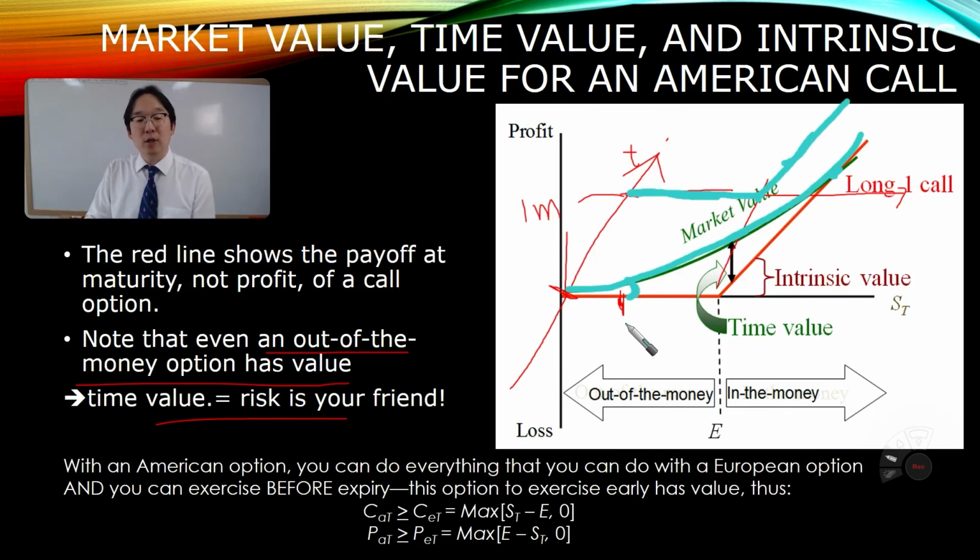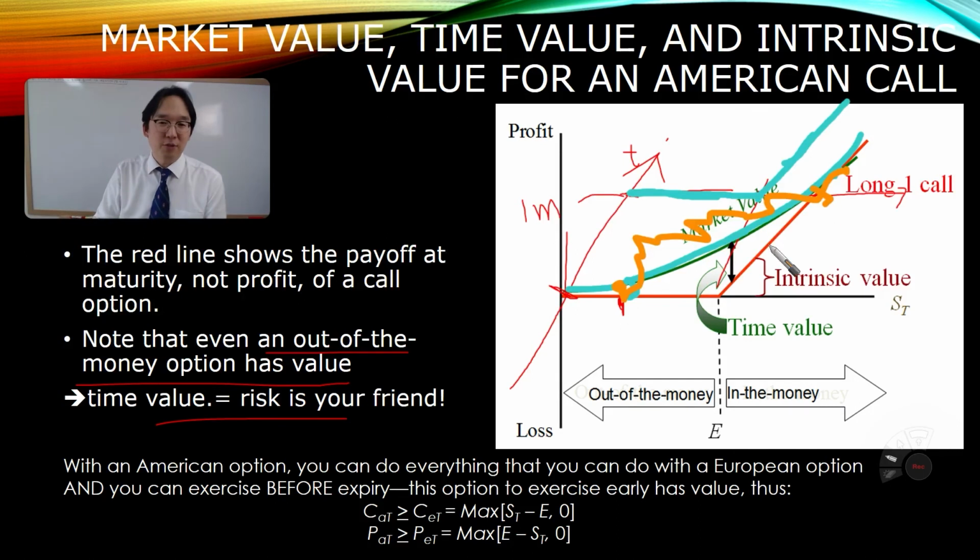Well, that's because there's an uncertainty. Let me change the color over here. So you stand over here, right? Out of the money, but there is always a possibility that this asset could end up in the money by the time it reaches the maturity. I'm drawing a 3D graph, moving from that direction to the other direction.